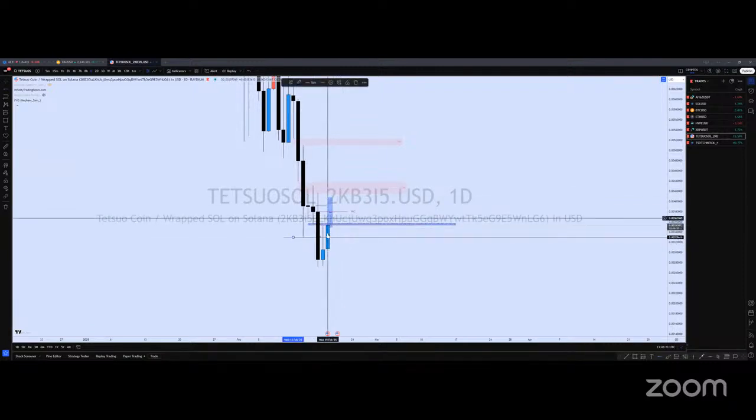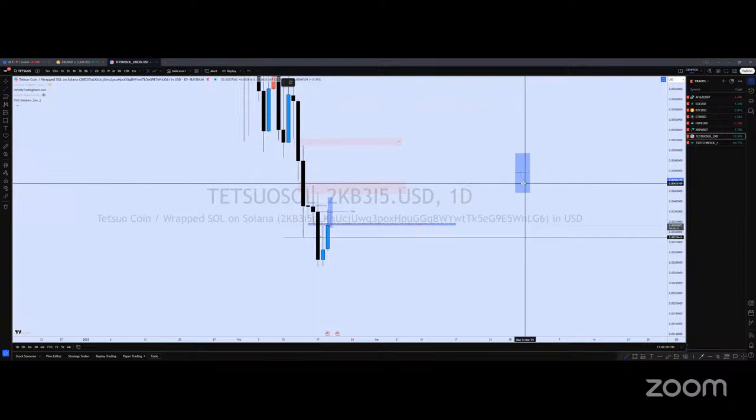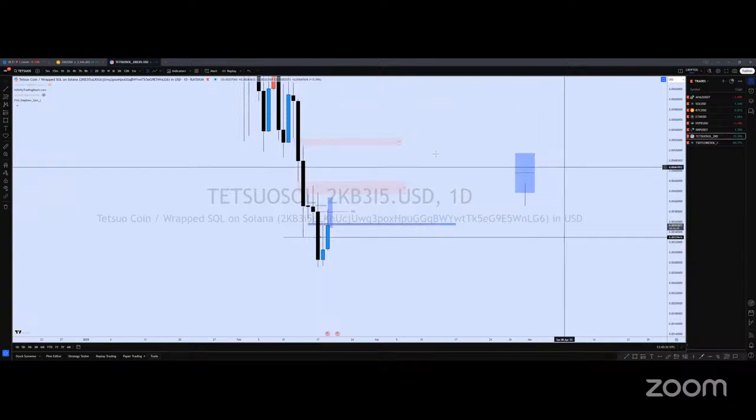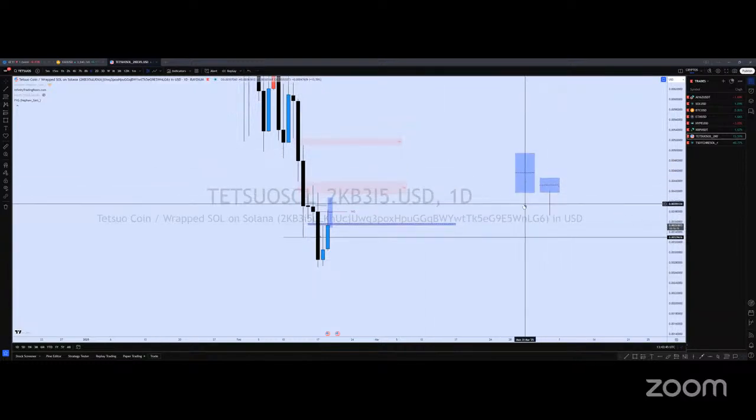Meaning, by the time this week closes, you would have had a candle like this. You'll get a candle like this. There. You get a candle like this, which is rejecting the previous week low. So this would be the previous week low here.